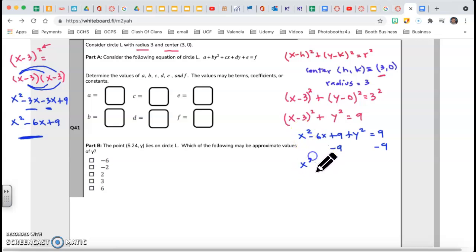Therefore, I have x squared minus 6x, the 9 cancels, plus y squared equals 0. Okay, everything is gone. So no parentheses, and I kind of combined them, but you know, they ended up canceling out. So now let's see what's going on.